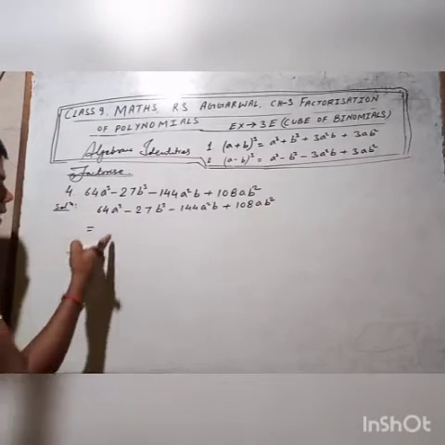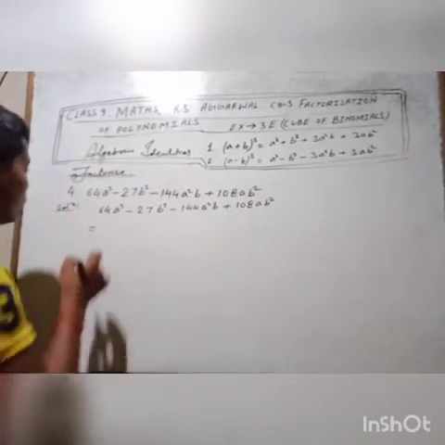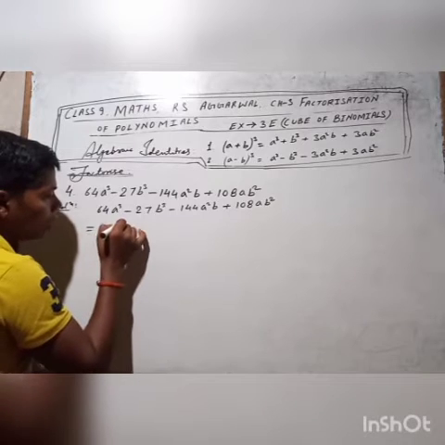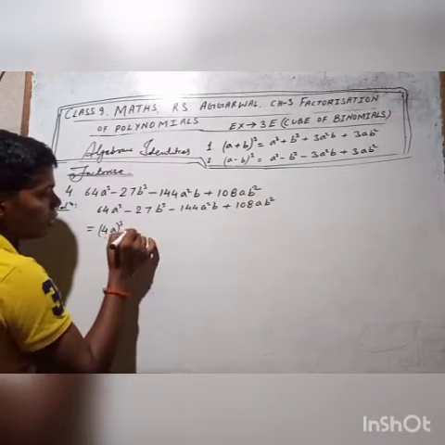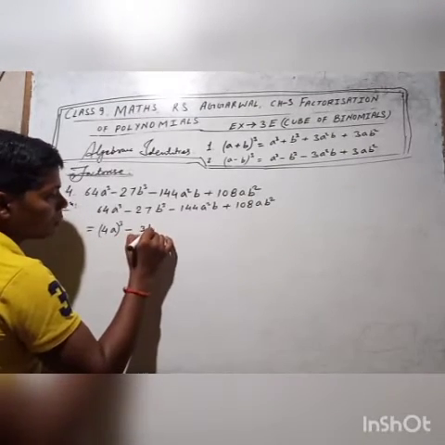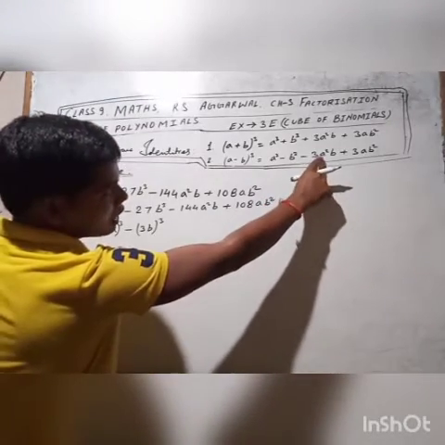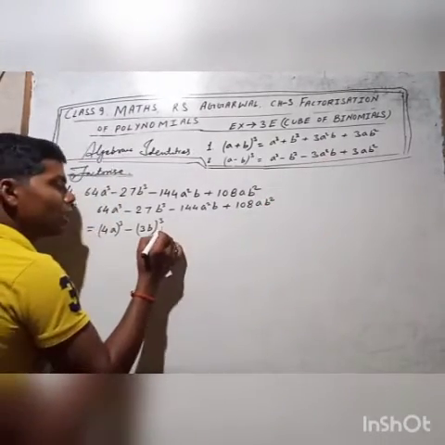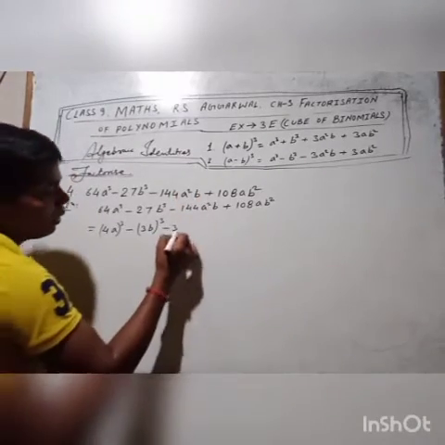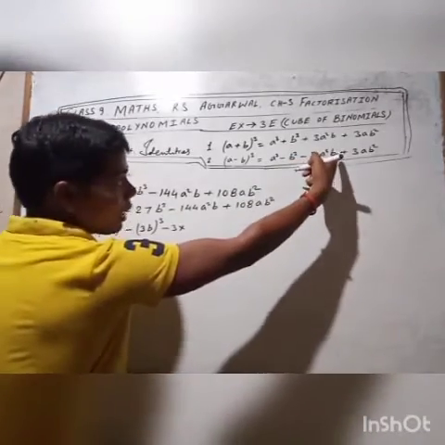Now we see that 64 is the cube of 4, so we can write it as (4a) whole cubed, and 27b cubed can be written as (3b) whole cubed, and then after we have minus 3a square b. So we shall now directly write minus 3 from the formula into a square b.